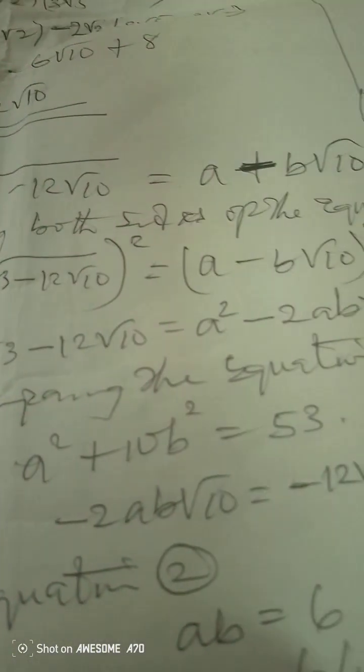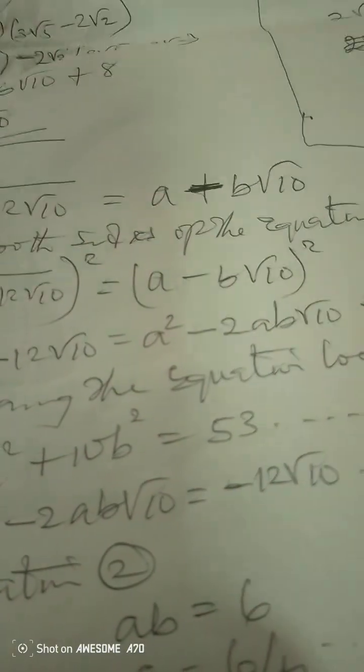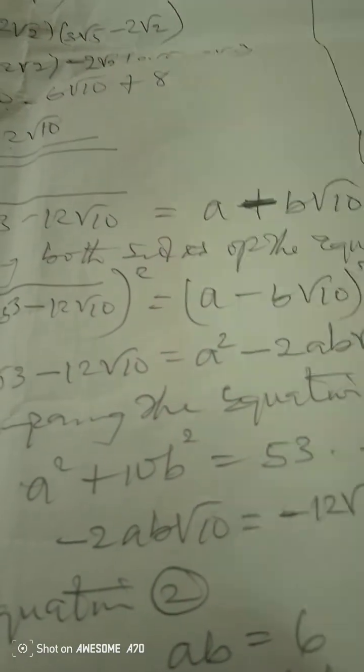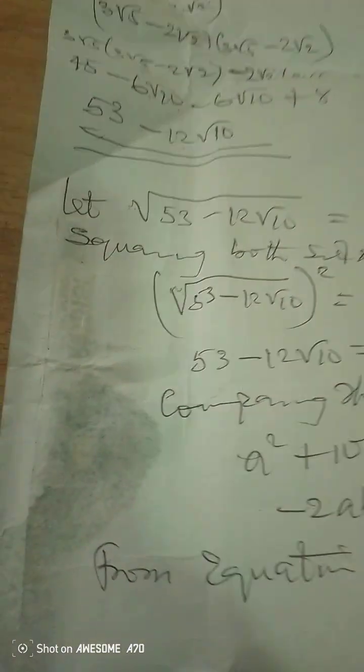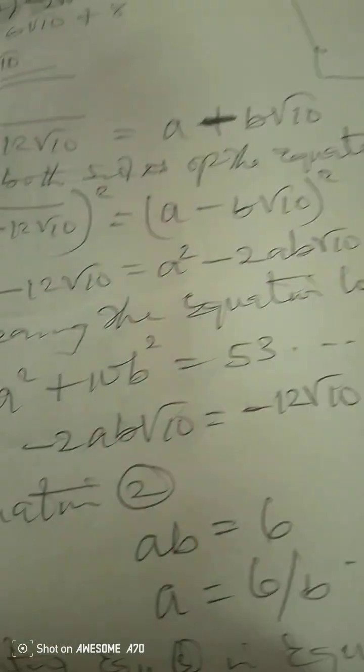That is proved. In the second part of the question, to find the square root of 53 − 12√10, we said let the square root of 53 − 12√10 be equal to a − b√10. Then squaring both sides of the equation, we have the square root of 53 − 12√10 all squared is equal to (a − b√10) all squared.